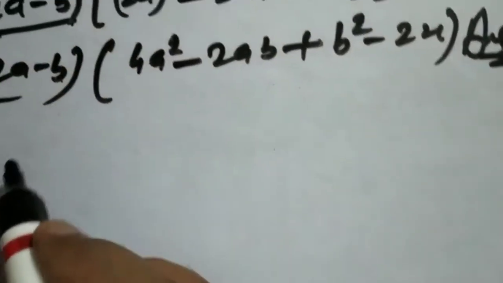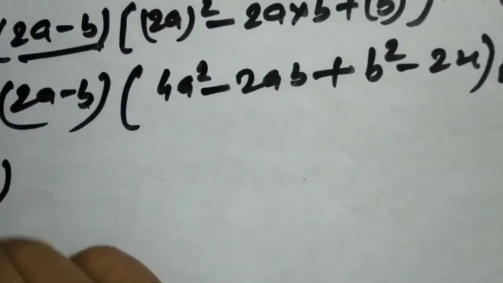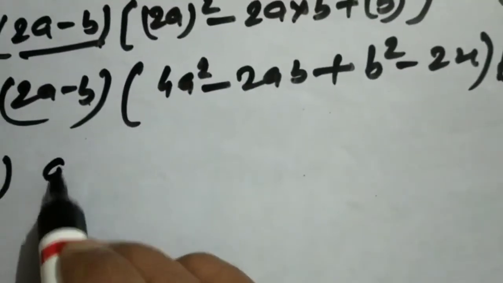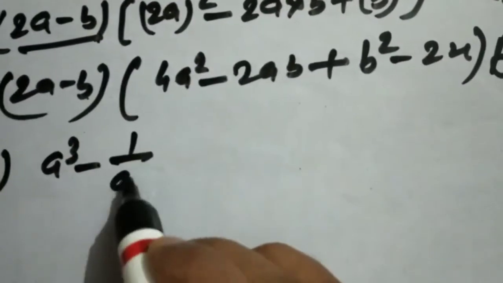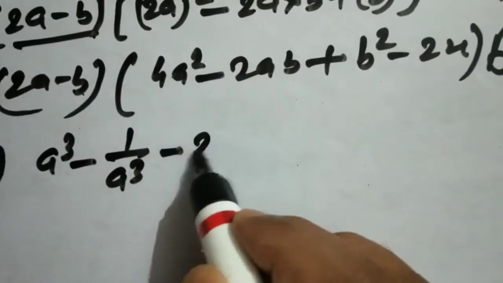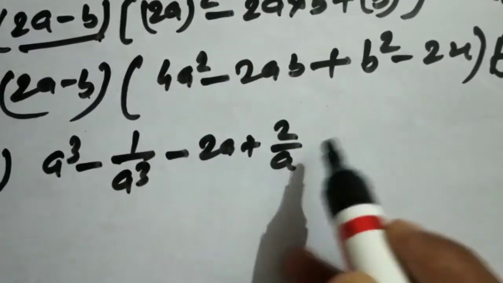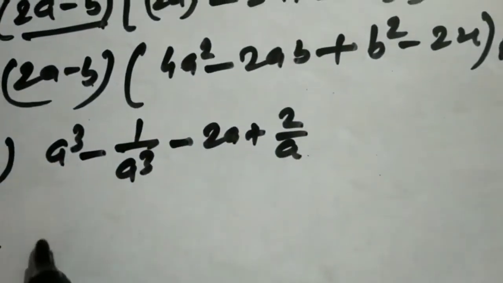Okay, now let us see one more question, 26. It is given in the fraction a cube minus 1 upon a cube minus 2a plus 2 upon a. So let us factorize it.